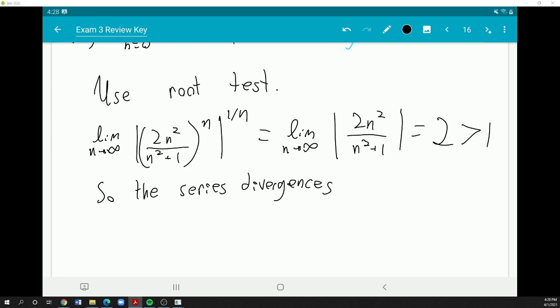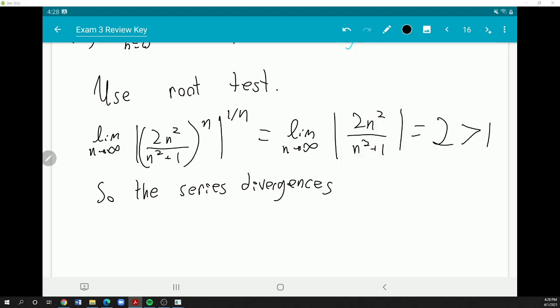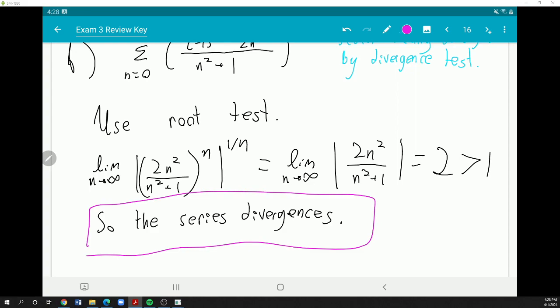You're just going to make a little bit more work for yourself. But it's okay to do some more work for yourself if you get the right answer. And so that's our answer here. Again, pretending we didn't see divergence.